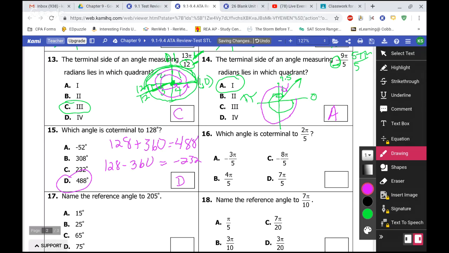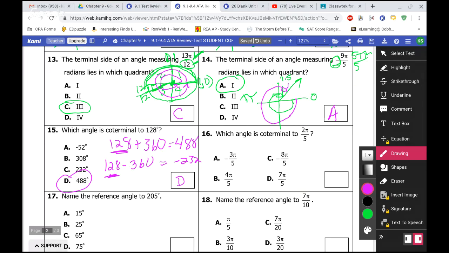So how do I choose whether it should be a negative or positive coterminal? Well, if it's asking you to give a positive and a negative coterminal, then your answer that's positive is the positive coterminal, and your answer that's negative is your negative coterminal. You look at your original number and figure out how much you have to add or subtract in multiples of 360.